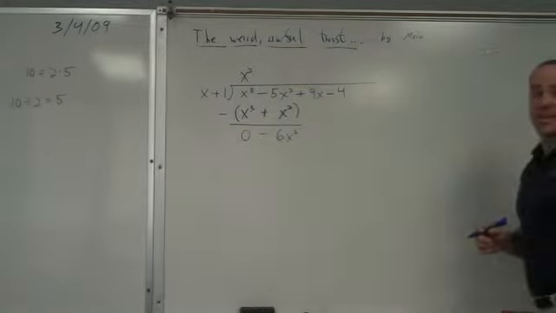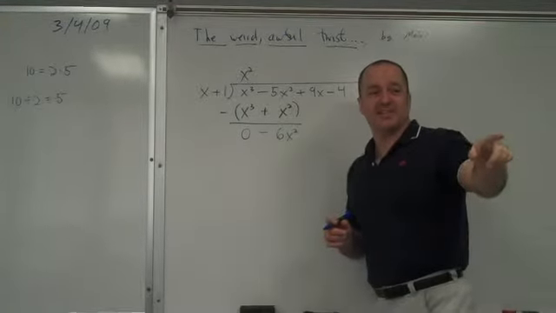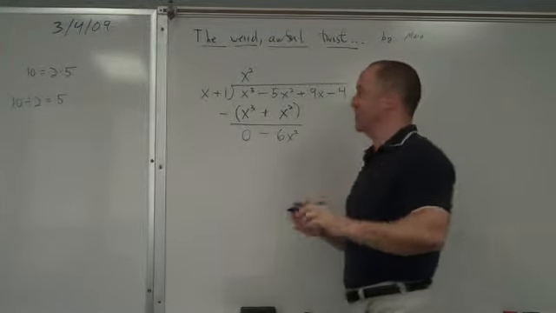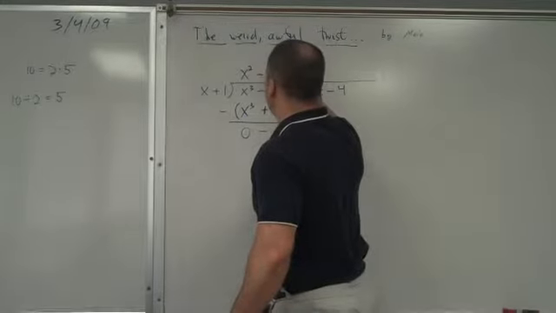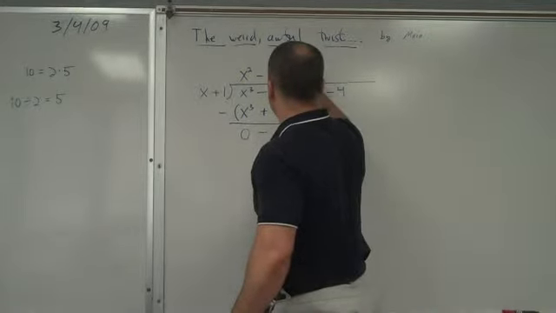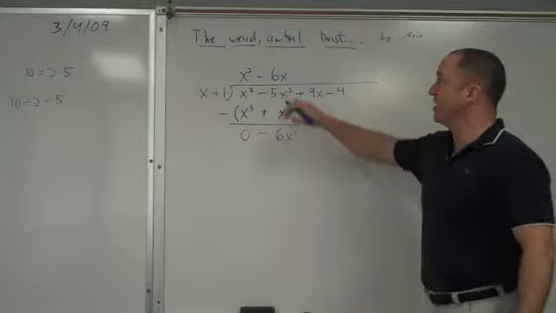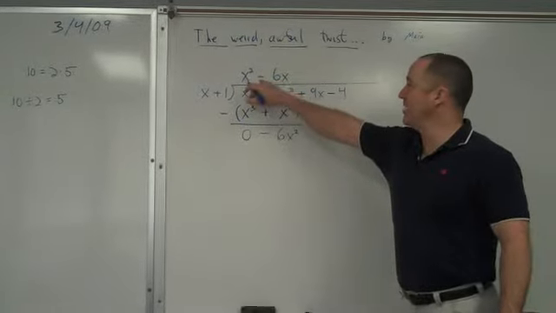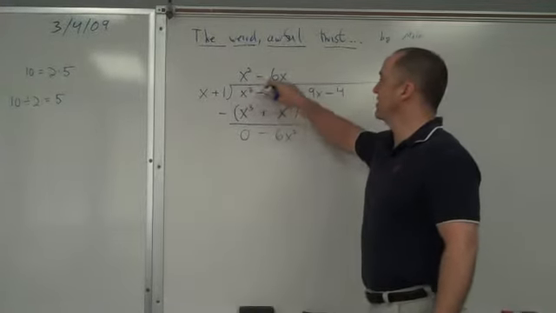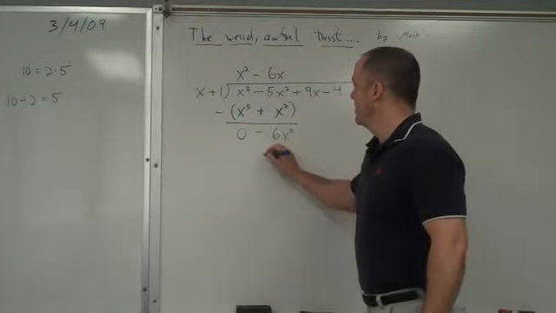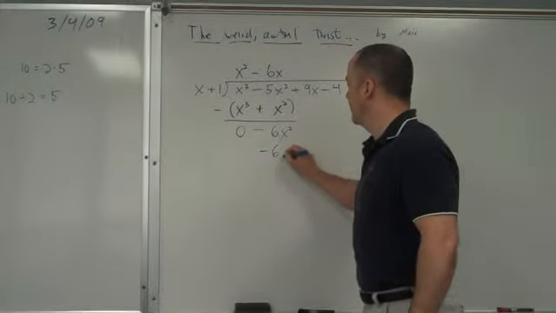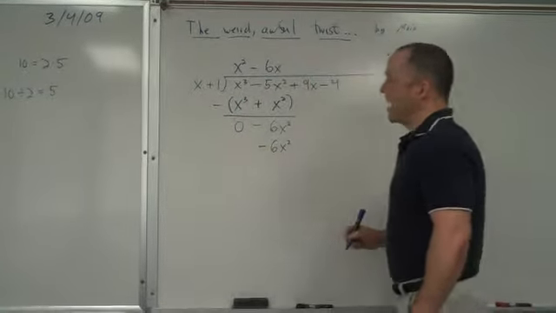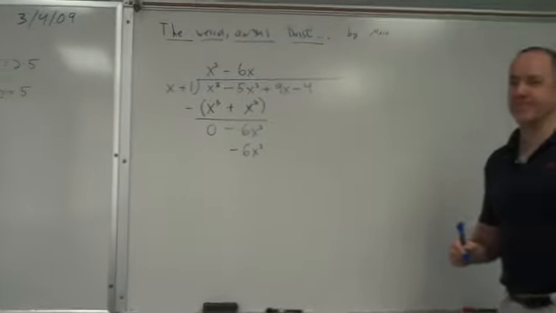Negative 6x, because x times x gets me the x squared. So I write minus 6x up here, and now I multiply minus 6x times x to get me the minus 6x squared here. There's a trick from long division.